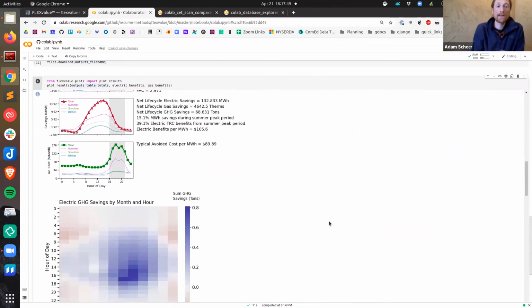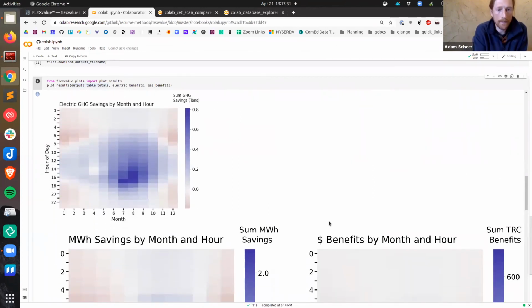So this heat map, the top one, is showing you the GHG savings by month and hour. So you get a heat map across, month on the x-axis, hour of day on the y-axis, and you can see, for instance, that in this program, the greenhouse gases that are being saved are kind of concentrated into the sort of summer peak period when the grid is fairly dirty and when you're also saving quite a bit of energy.